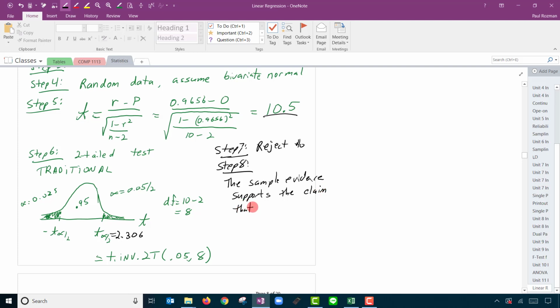So the sample evidence supports the claim that there is a significant linear correlation between the normal stress and shear stress.